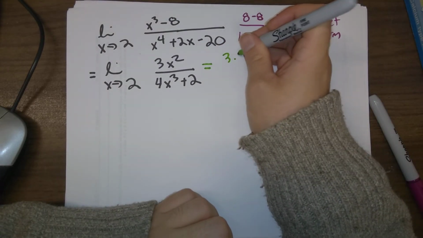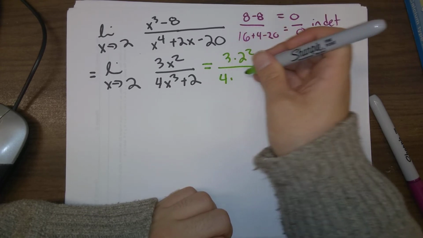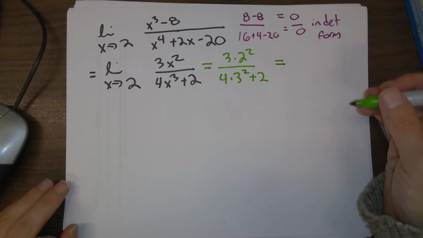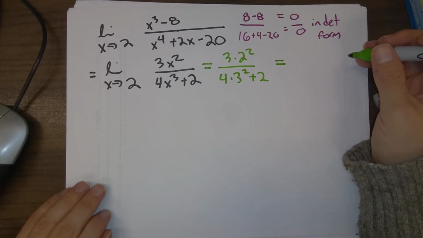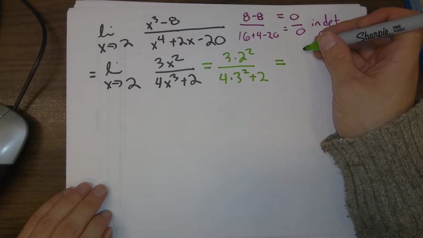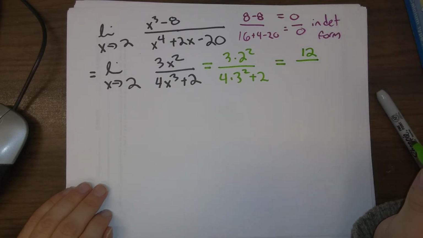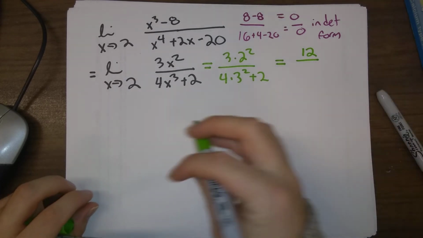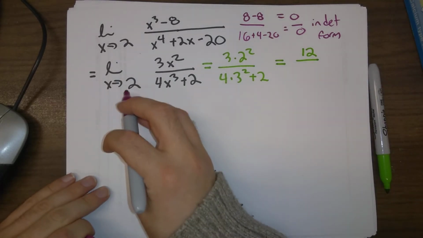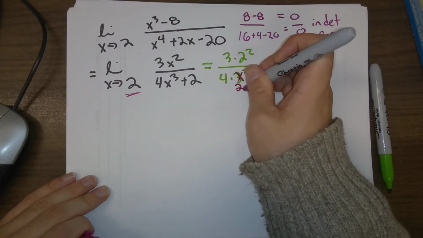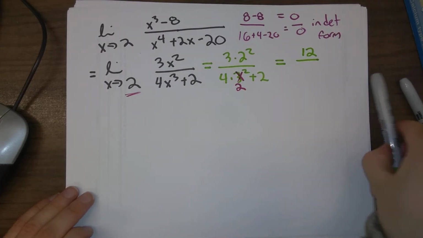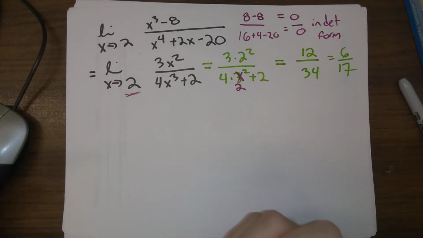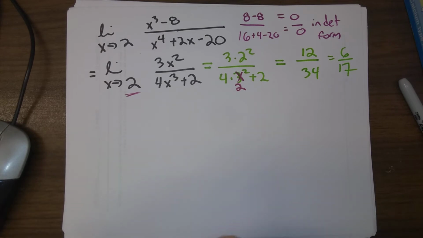So our answer is 3 times 2 squared over 4 times 3 squared plus 2. Crunch, crunch, crunch. We get 12 for the numerator, and then, oops, I made a mistake here. We're plugging in 2, not 3. So 4 times 2 cubed plus 2, 12 over 34, 6 over 17 is our limit.